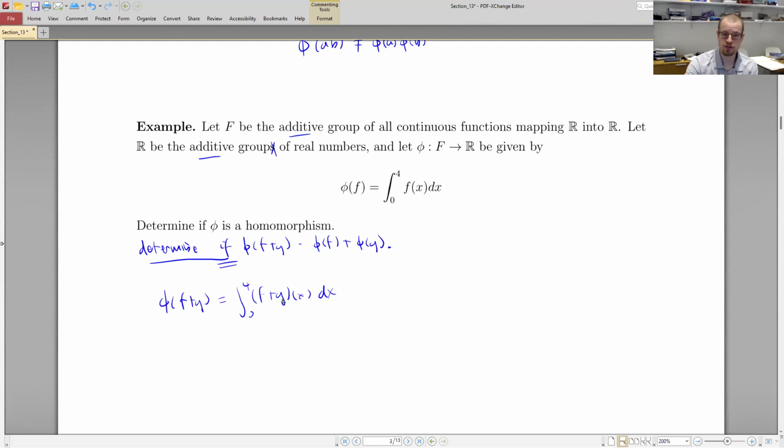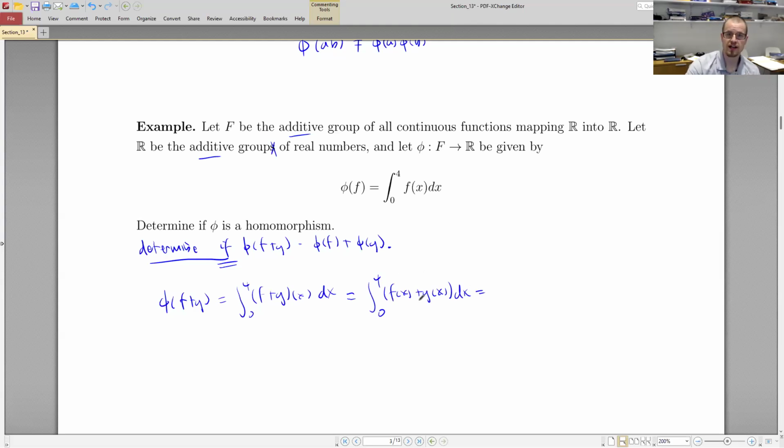So we want to make sure that we understand that this is the appropriate notation for this function in F. Now we understand this to be f of x plus g of x, right? We know that it is that, and we want to take advantage of that fact.